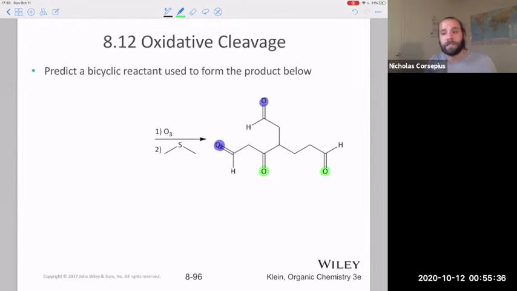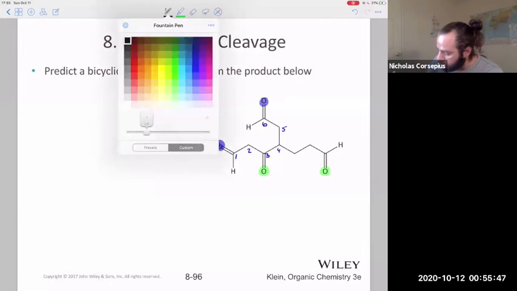So I'm going to work on first constructing my first ring from the blue. So that's 1, 2, 3, 4, 5, 6. Those are 6 carbons apart.